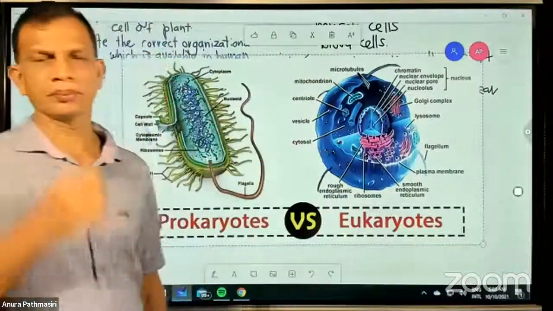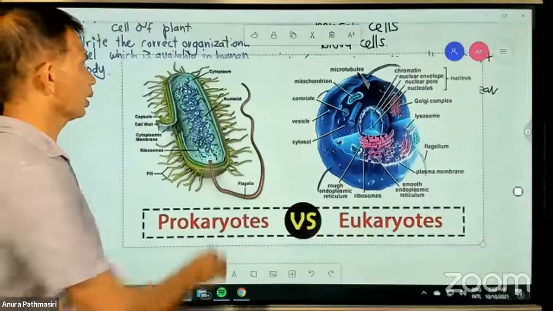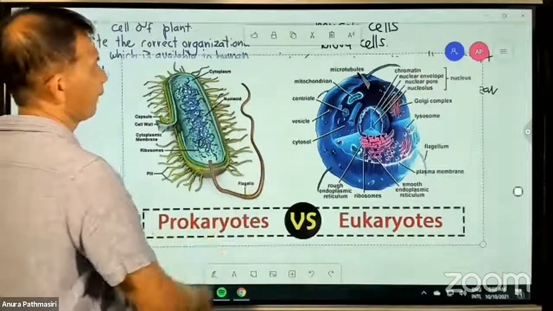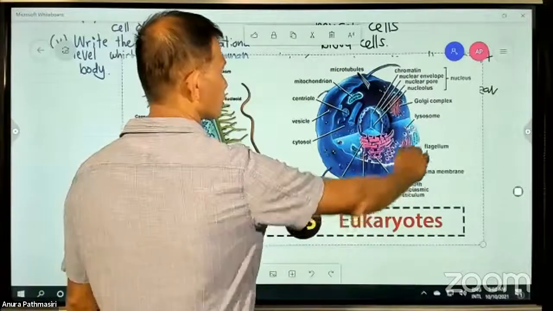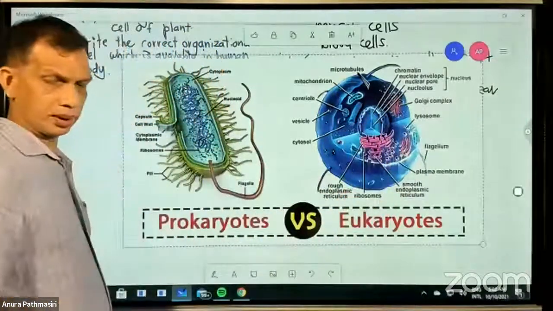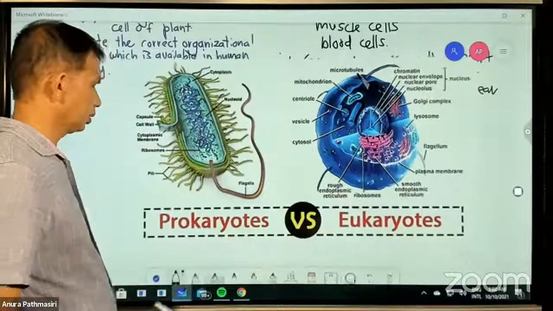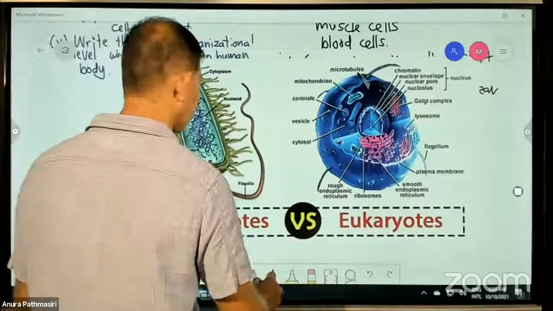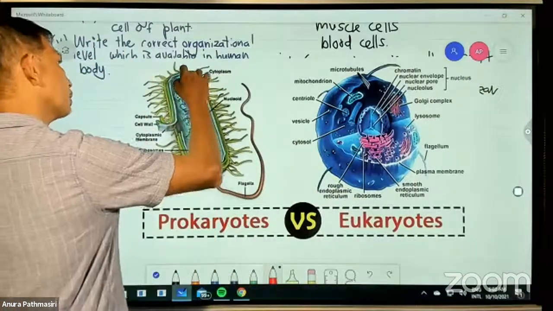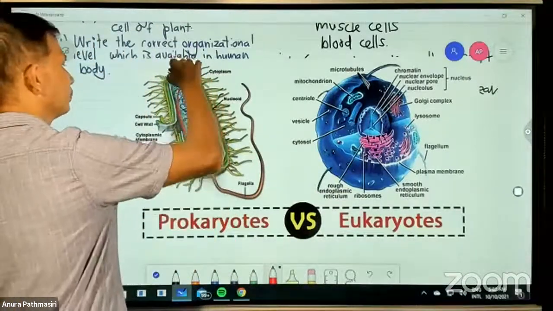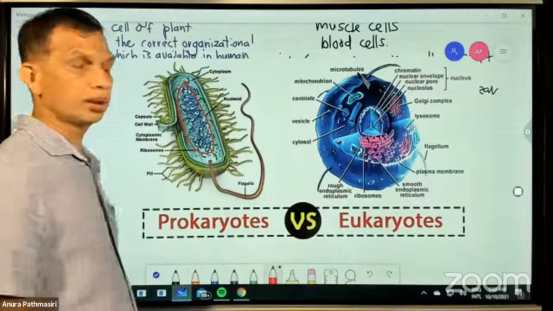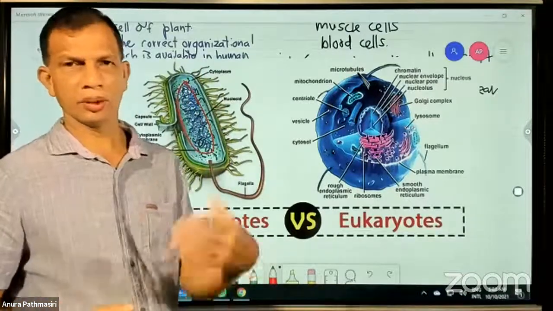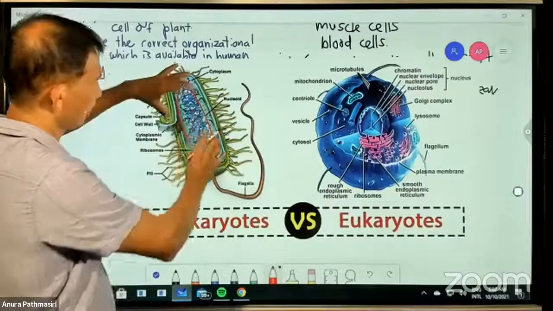This is the difference between the prokaryotic cell, this one, and this is the eukaryotic cell. The special attention is given here to the nucleic matter. As you can see, the nucleic matter, the DNA or RNA, is arranged there.